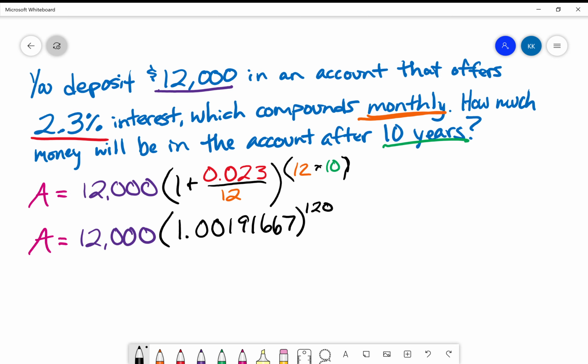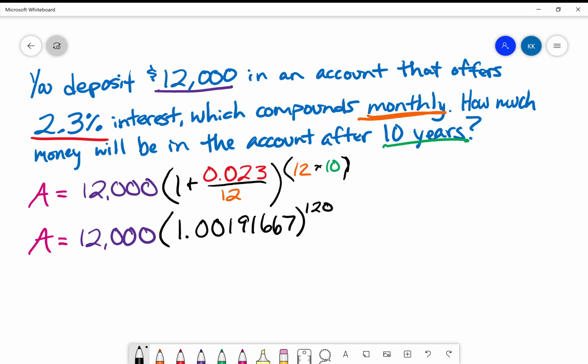And let's do it. So 12,000 times 1.00191667 to the power of 120. I'm expecting something in the 12,000s for sure. I got an error. Let me try again. 12,000 times 1.00191667 to the power of 120.